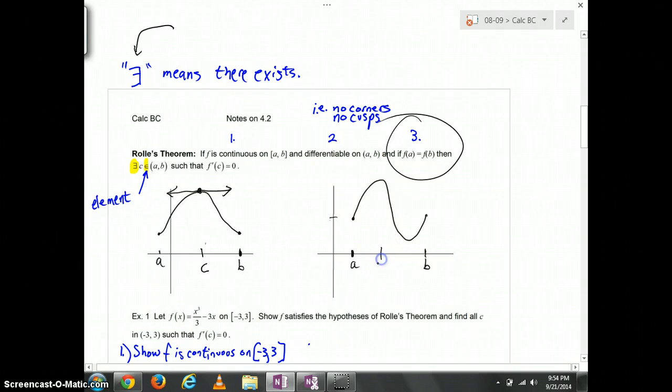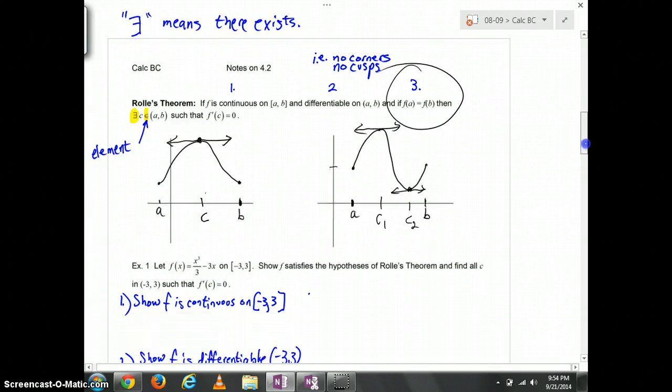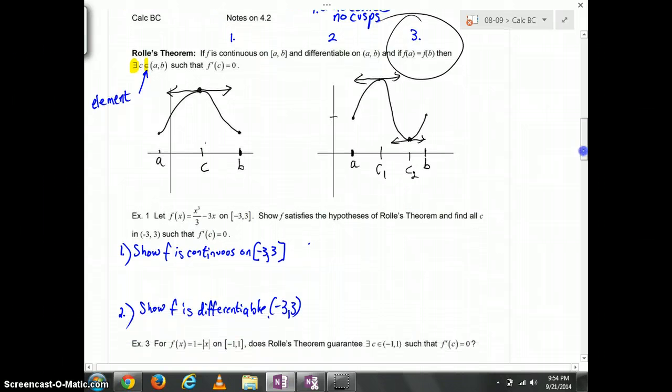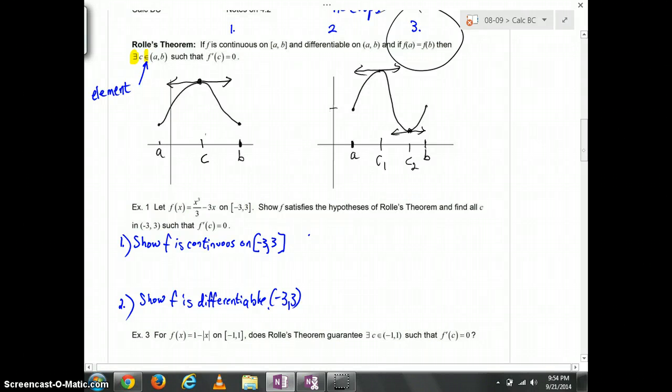There might be more than one. That's what I'm trying to show you on the second picture. Where the slope of that tangent line at that particular x value will equal 0. So that's Rolle's theorem. Meet those three conditions and you will be able to find an x value such that f prime of c is 0.